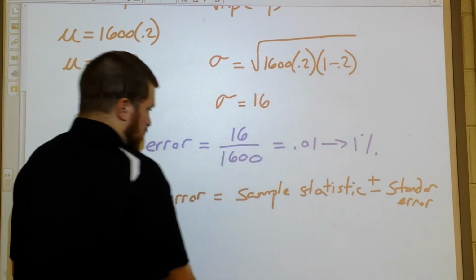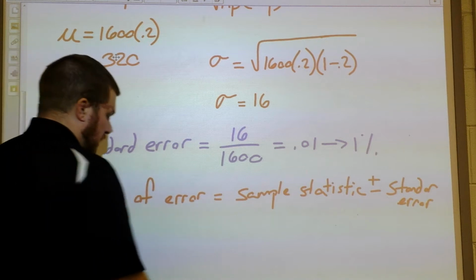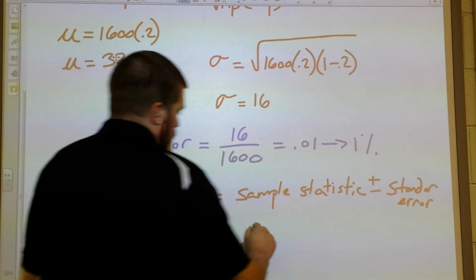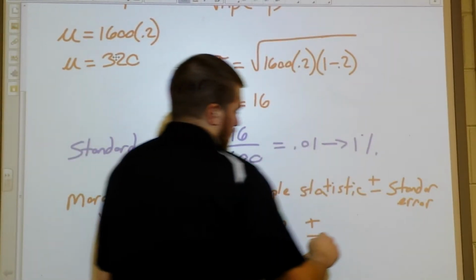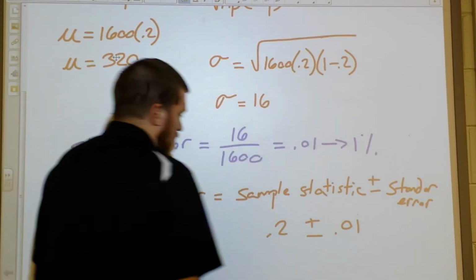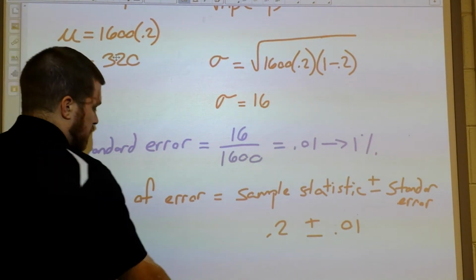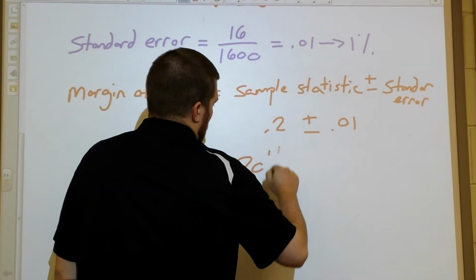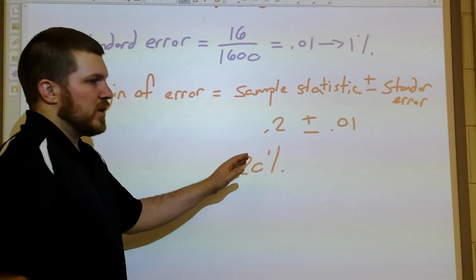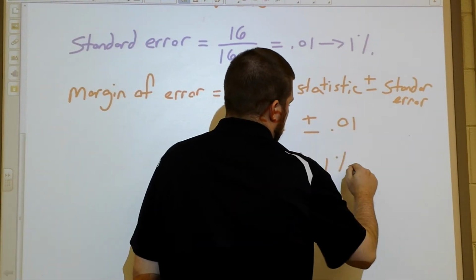Well, in the problem, we were told that 20% of all light bulbs are defective, so that's our sample statistic, so 0.2 plus or minus our standard error that we just calculated, 0.01. That's using decimals, but typically when it's reported, we're going to talk about percentages. So 0.2 you can think of as 20% of all light bulbs are defective within a plus or minus 1% interval.